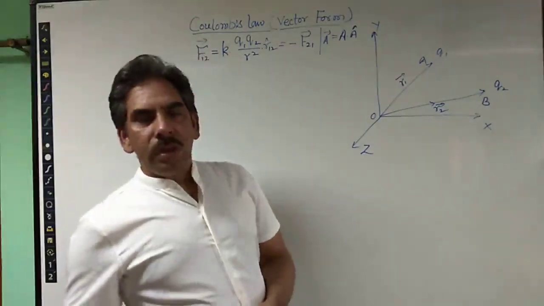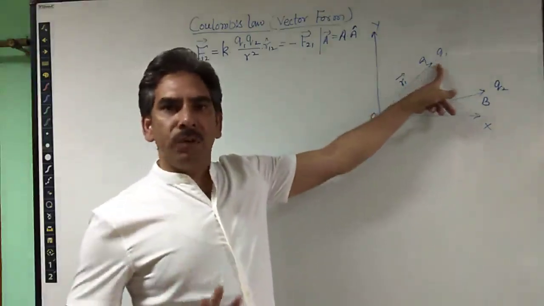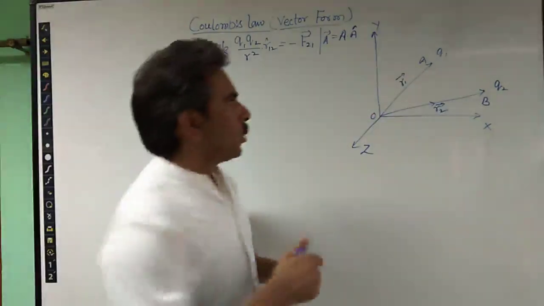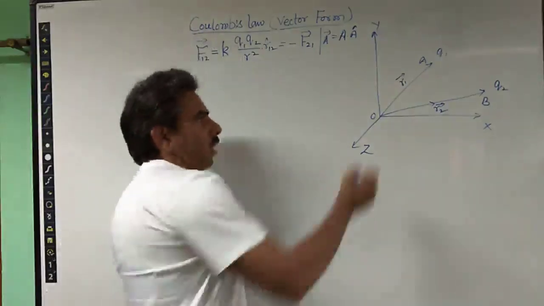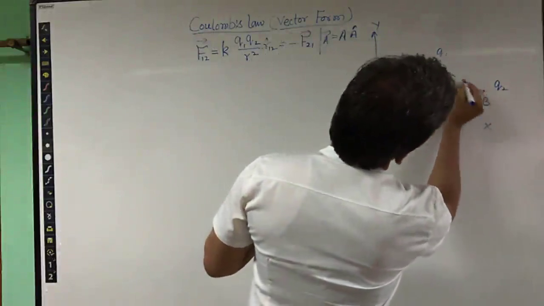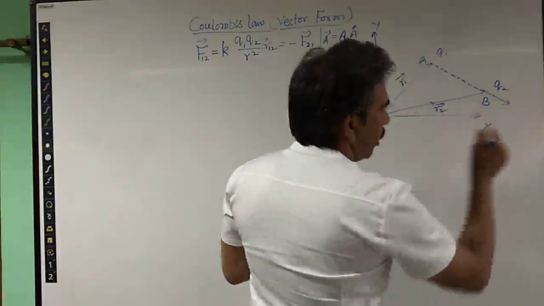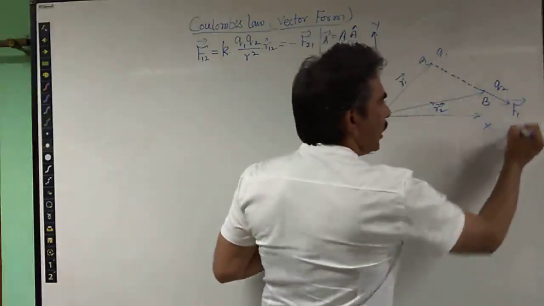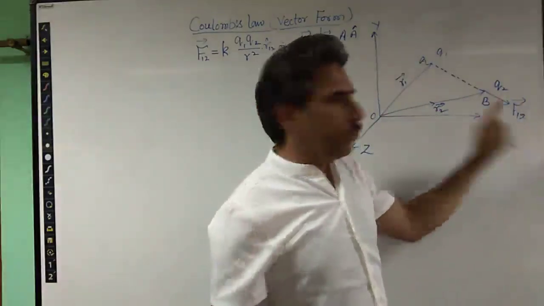Okay, so for the first case I am taking that charge Q1 is the one which is exerting the force on charge Q2, whose position vector is R2. So what is the direction of force exerted by Q1 charge on a similar charge Q2? Away from Q1. So this is the direction of the force exerted by charge Q1 on charge Q2. I am giving it the same name, F12.